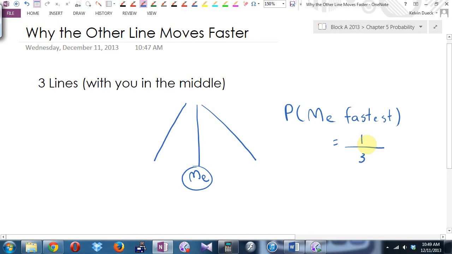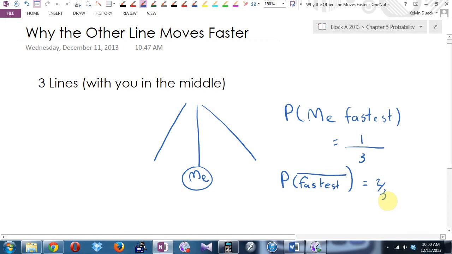out of 3, which means what's the probability of not the fastest? 2 out of 3. It's not your imagination. Now, here's the problem, Rachel. We don't notice if we're the second fastest.